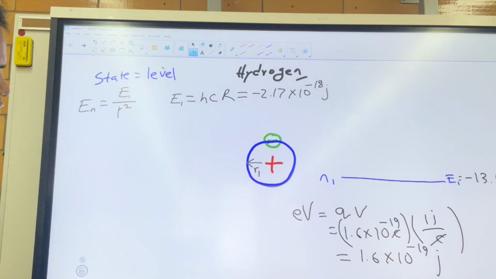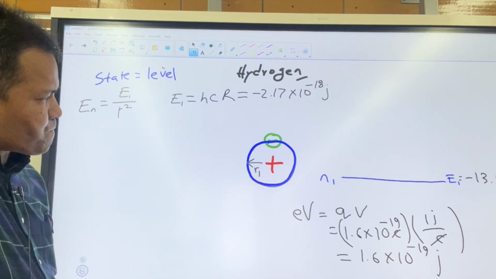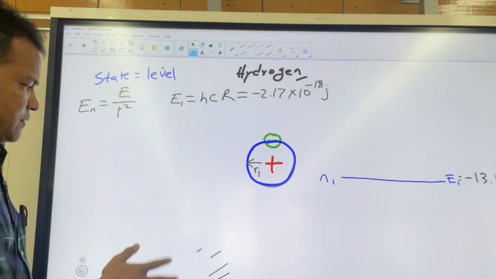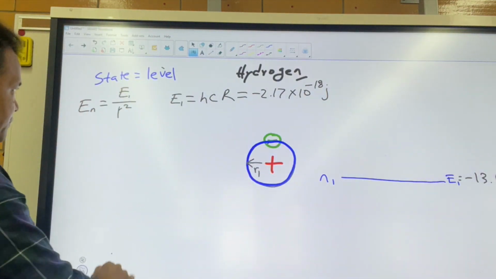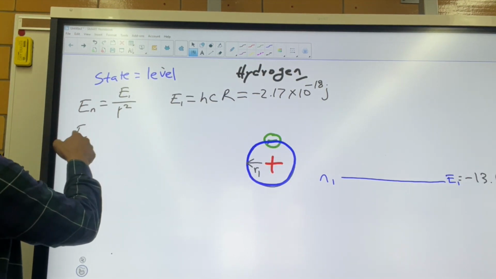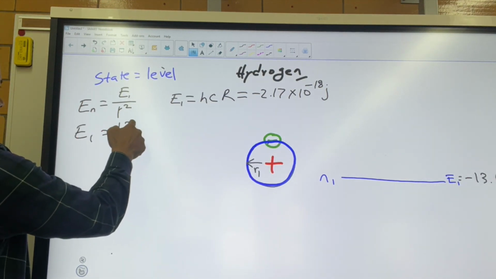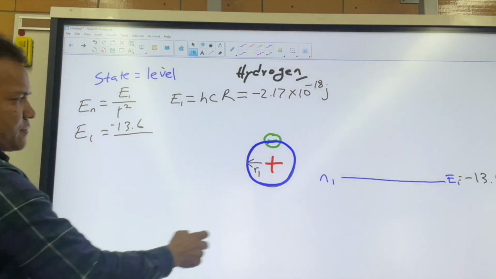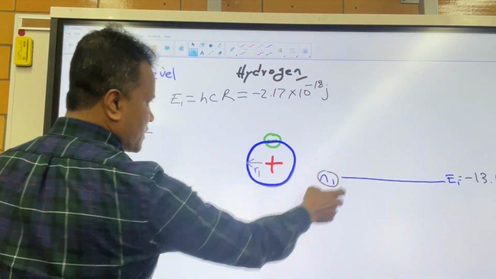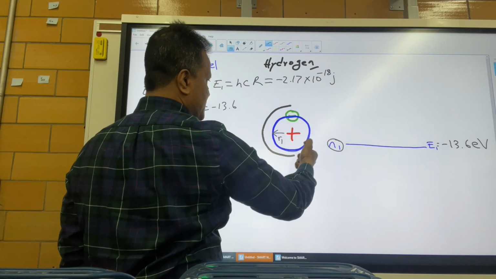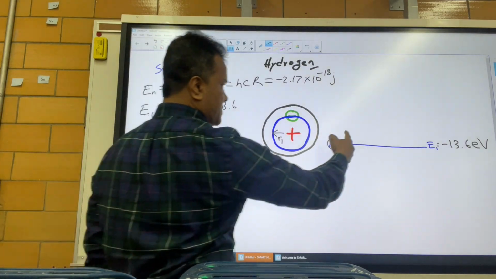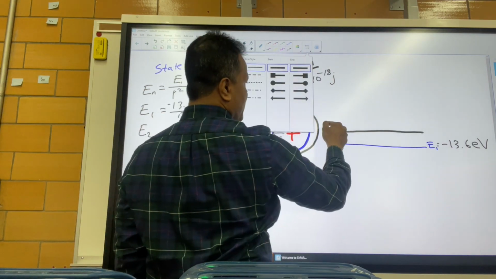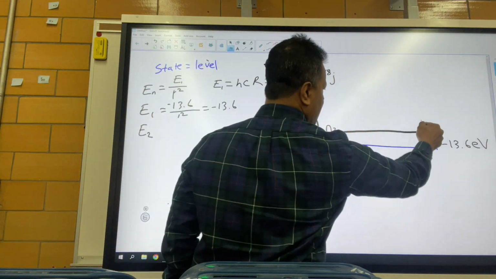Now the next thing we're going to do, we don't need that, we're going to draw. So E1 would be negative 13.6 over R square. R is of course 1. E2, so this is the E2, and we're going to use the black to draw the E2. So N2 has E2.